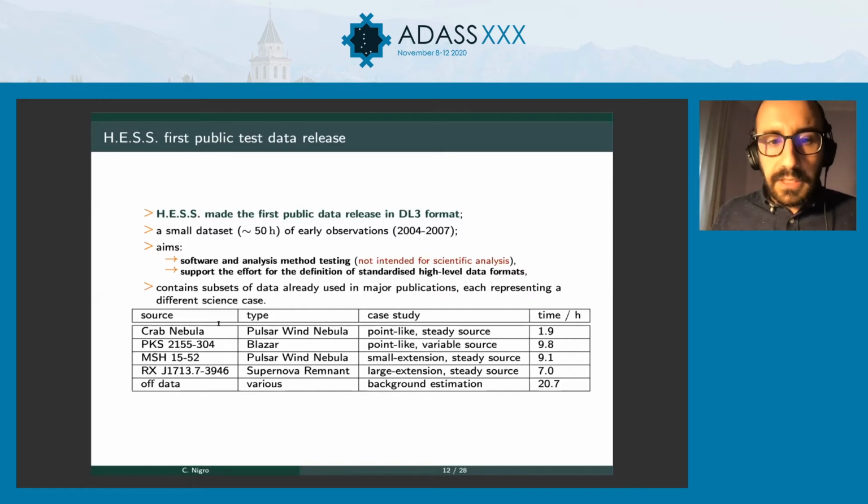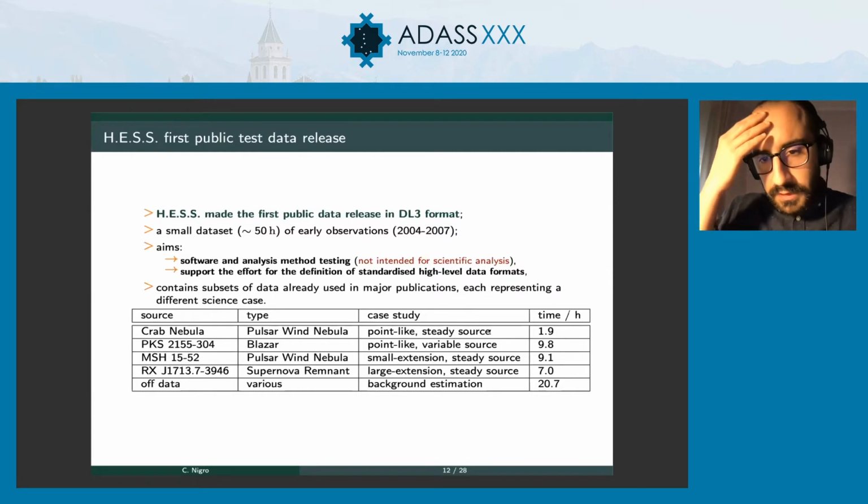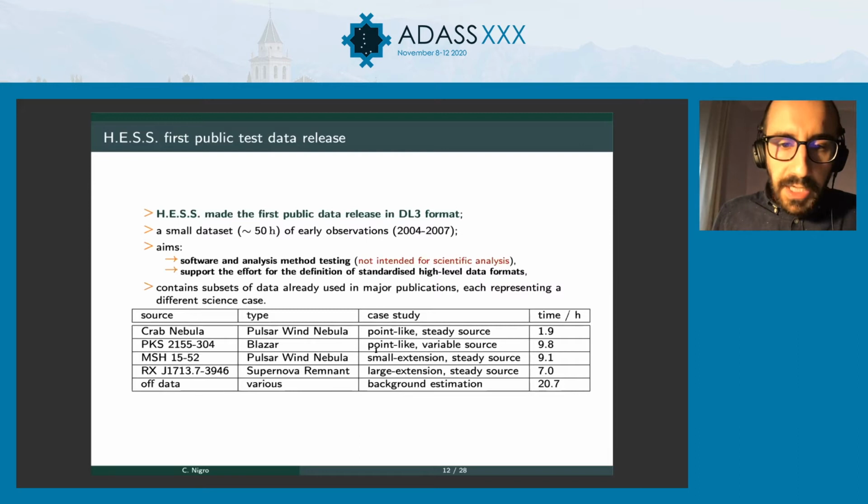The release contains subsets of data that were already used in major publications, and each dataset represents a different science case. So we have the Crab Nebula, that is a point-like steady source of gamma rays. It's the brightest steady emitter of gamma rays in the sky. Then we have the blazar PKS 2155 that made a historical flare.